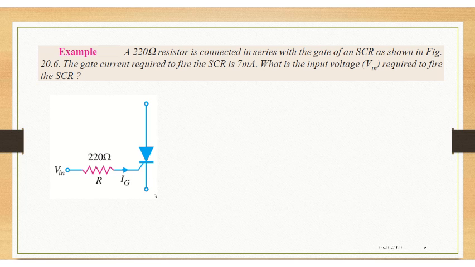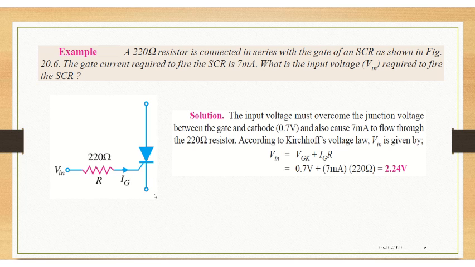So substituting that, VGK, the voltage applied across gate and cathode, is a minimum of 0.7, IG is given as 7 milliamps, and your resistance value is given, so your applied input voltage should be 2.24 volts.